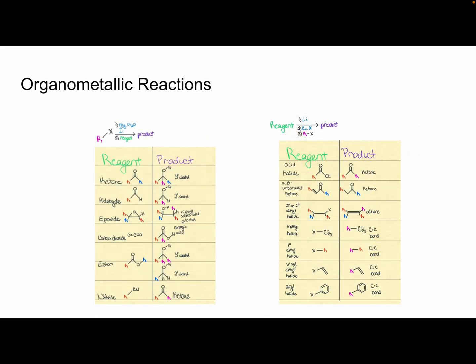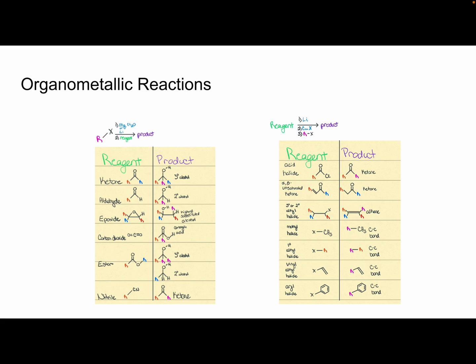The first one is going to be a Grignard reagent, and that's what we're showing here on the left-hand side with magnesium. This is a very general reaction, and you can do this with magnesium or lithium. It will work exactly the same with both of those metals. Depending upon the reagent, you'll get a different type of product.